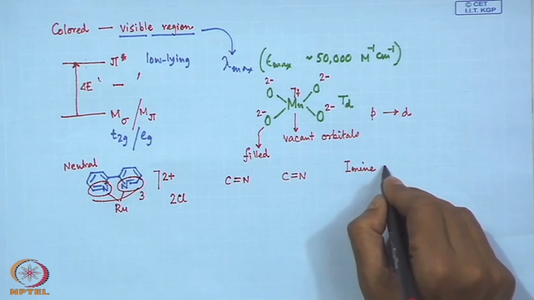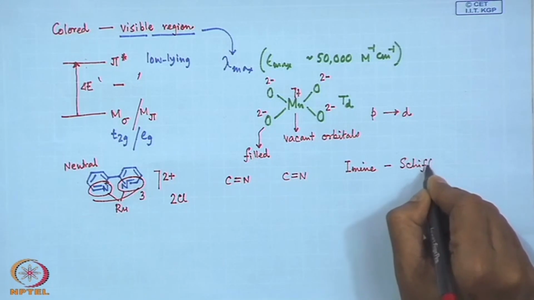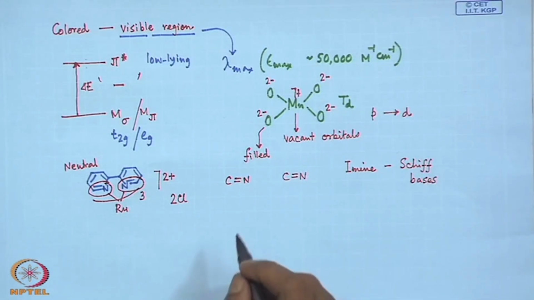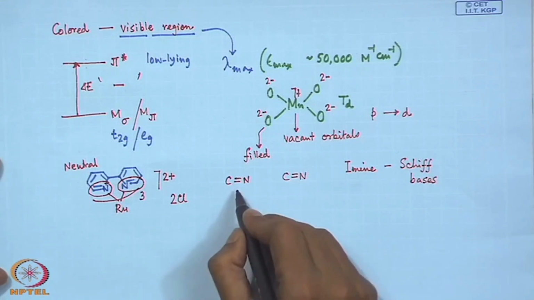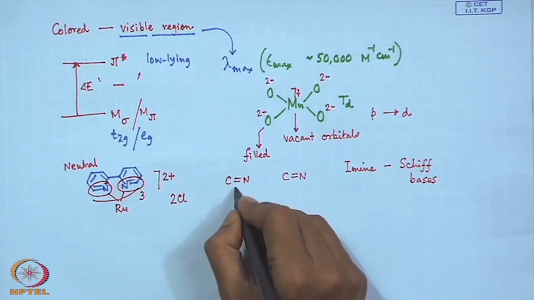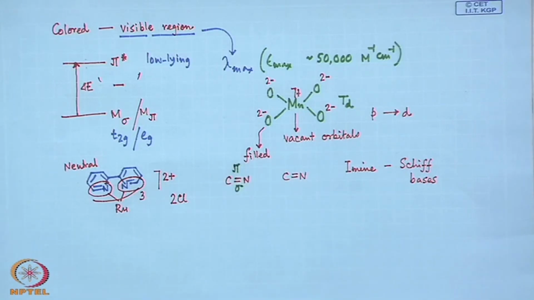When we get these imine bonds from Schiff bases, they also give rise to those imine bonds. So, we have the corresponding bonds forming between this carbon and nitrogen. Basically, we have the sigma and the corresponding pi bond.